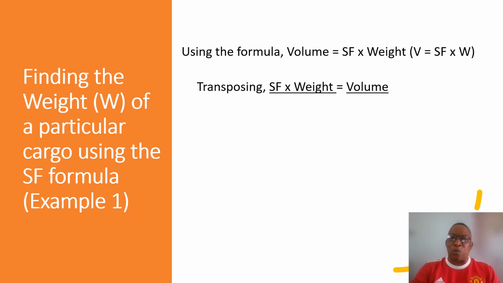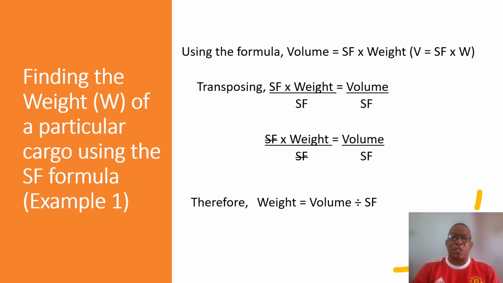With an intention to make weight the subject, we can transpose by dividing both sides by the stowage factor, SF, and so we'll have SF times weight divided by SF on the left side and volume divided by SF on the right side. In doing so, SF will eliminate each other on the left side, leaving the subject weight is equal to volume divided by stowage factor.